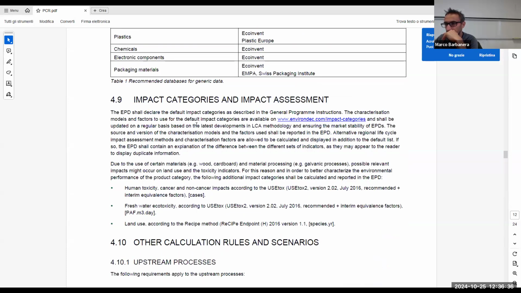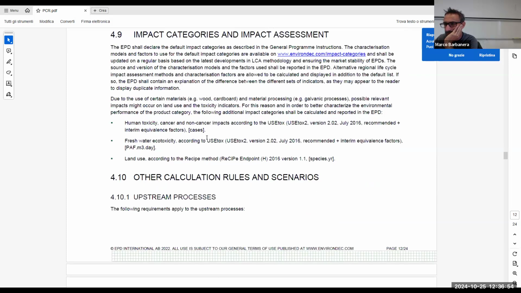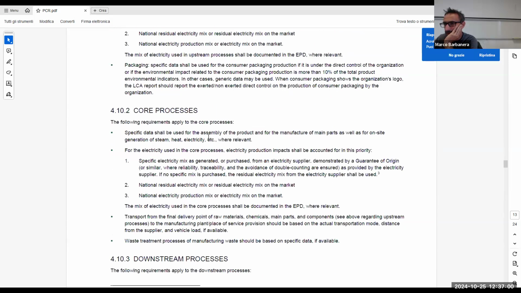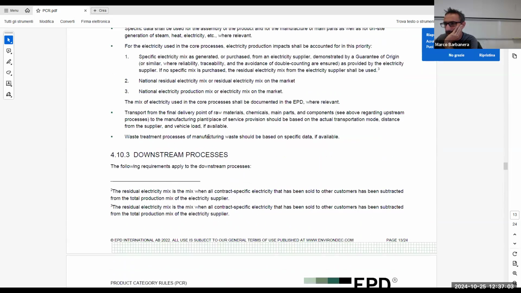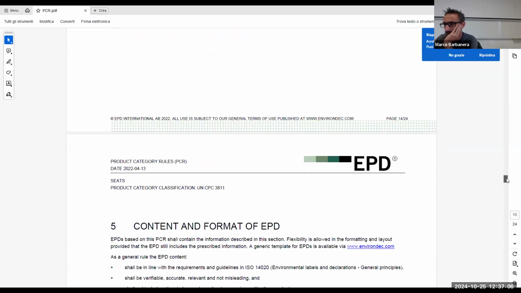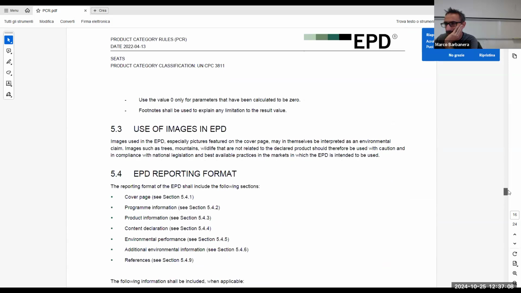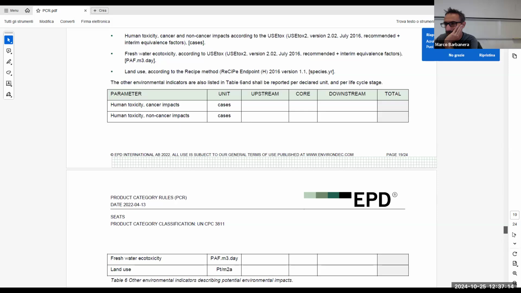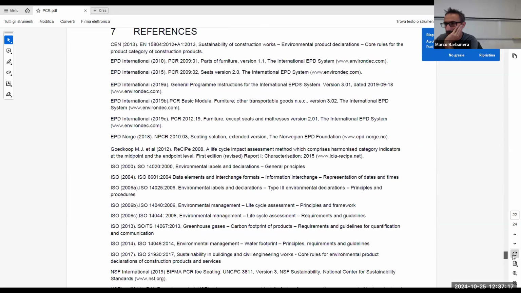Then here you can find which impact categories and which impact assessment method you have to use to calculate the environmental indicators for your product. So here you have specific rules for modeling upstream, core, and downstream processes, and also other information. These are the main pieces of information that you can find in this kind of document.